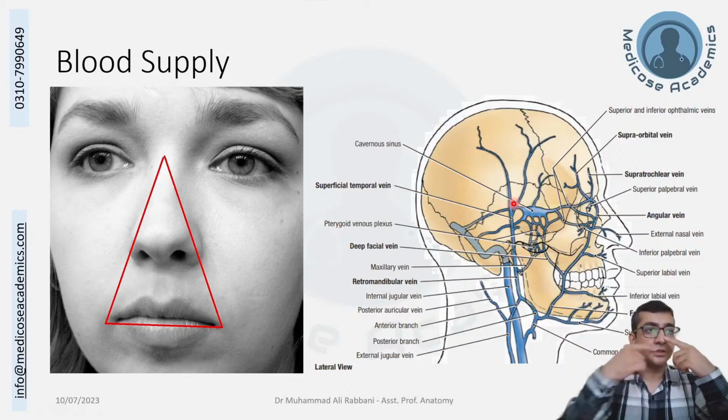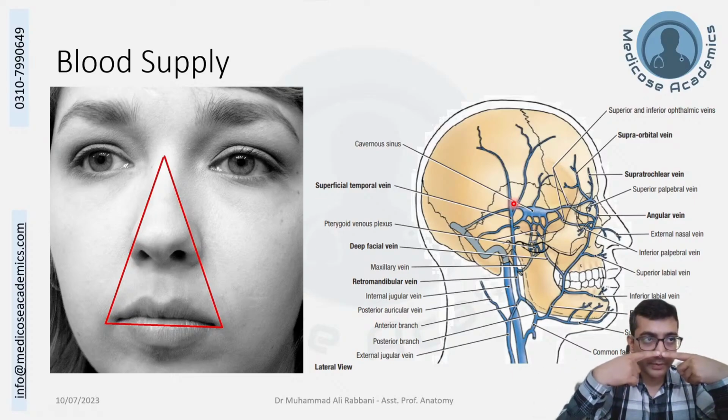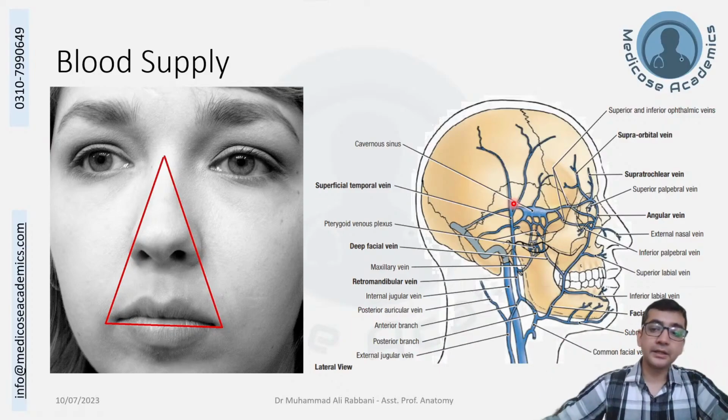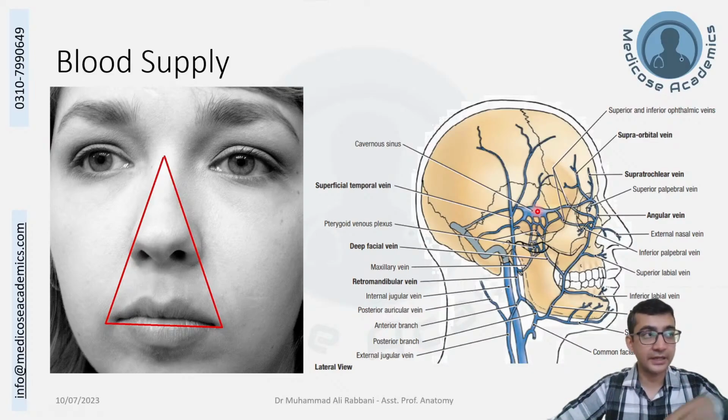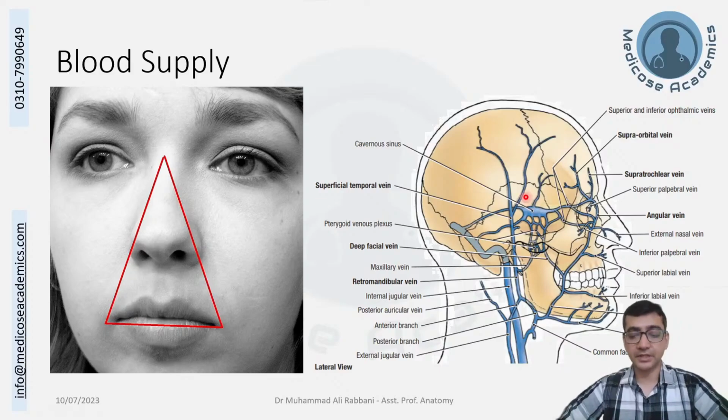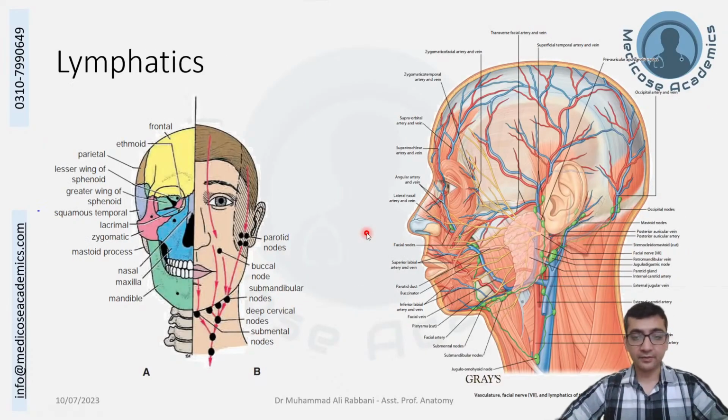And here is the one: we tend to pop our pimples like this, and if we press too much and the pimples pop inside, the infection will move through these veins and reach the cavernous sinus, where it will endanger the formation of cavernous venous thrombosis. So this is known as the danger area of the face. You are advised to leave this area alone, not to manipulate it too much, otherwise you may run a risk of developing cavernous sinus thrombosis.